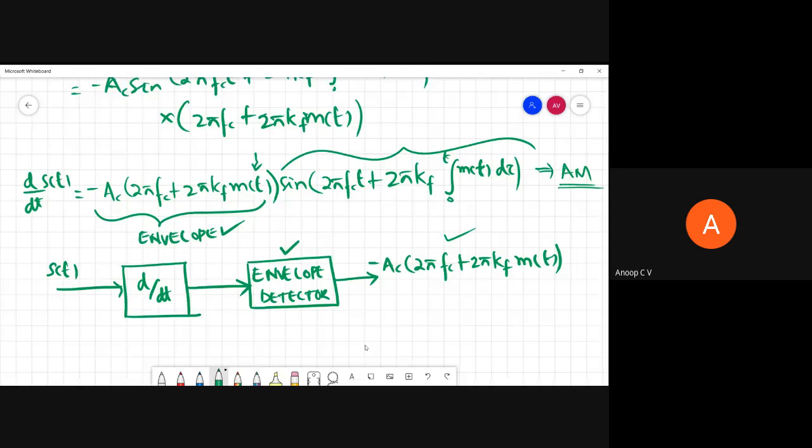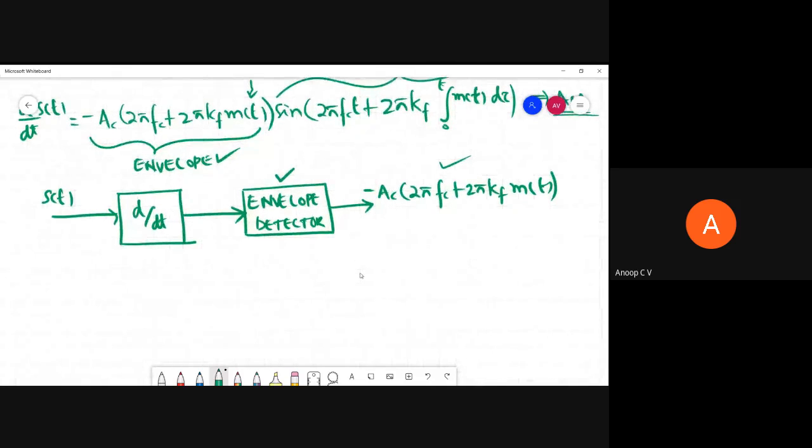So we'll rearrange the envelope, not considering the minus sign: A_c times (2π f_c plus 2π k_f m(t)). This is the envelope.